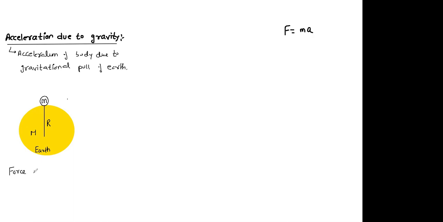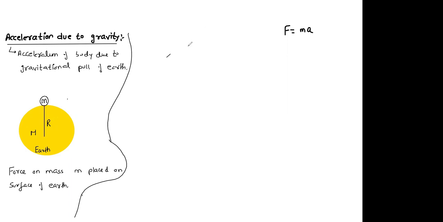So the force on mass small m placed on the surface of Earth, the gravitational force or gravity on this small m will be F, which is G capital M small m divided by R square.